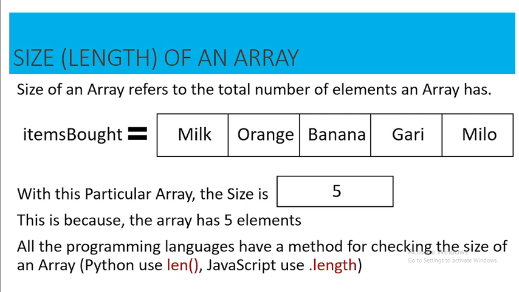In Python, you use len, and that checks the size of an array. In JavaScript, you use dot length to check the size of an array, which gives the total number of elements in the array.